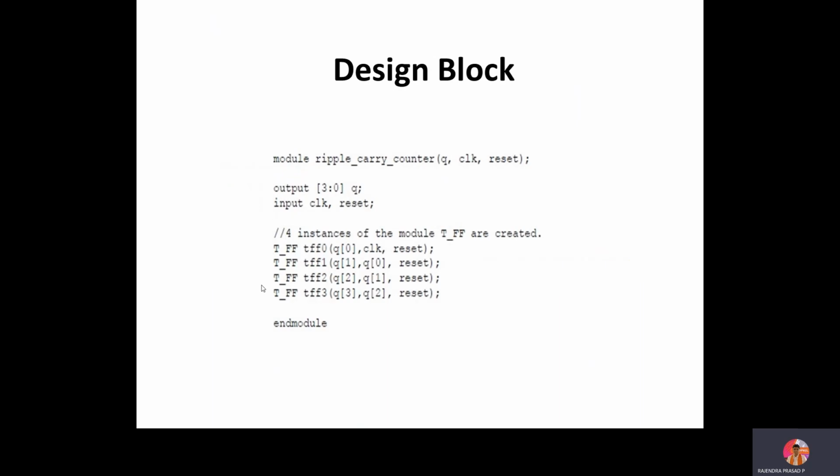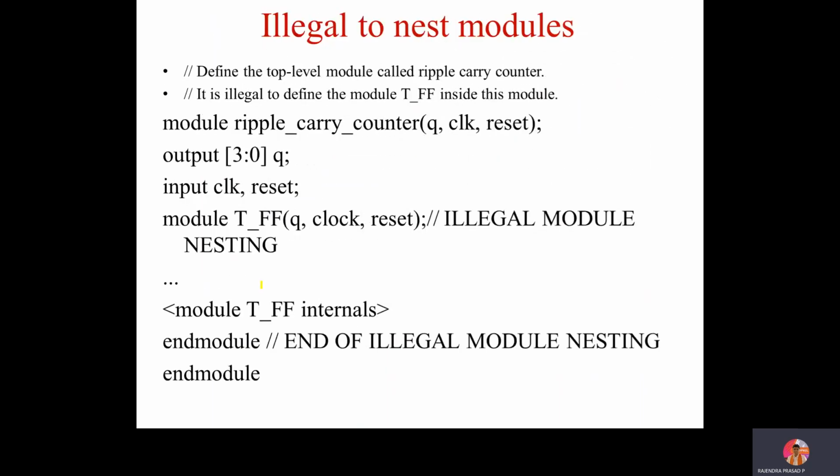If you do that, we call it illegal nested modules. Here you can observe that there is a module ripple carry counter with output and input, then module T flip flop, then end module. Within a module, you cannot write one more module. If you do that, it will lead to illegal nested modules.